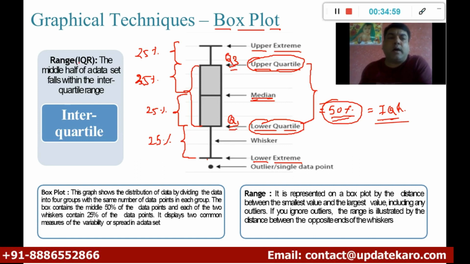The IQR is the middle half of the data set, which falls within the interquartile range. So if I have 500 or 1000 observations, the middle half of the observations will always lie between Q1 and Q3 in this box, and the difference between Q3 and Q1 is called the IQR.